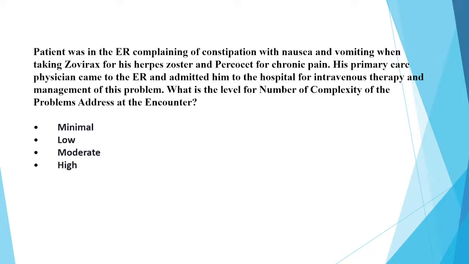Patient was in the ER complaining of constipation with nausea and vomiting when taking Somirax for her herbs Foster and Percocet for chronic pain. His primary care physician came to the ER and admitted him to the hospital for intravenous therapy and management of this problem. So, what level of complexity of the problem is addressed at the encounter?